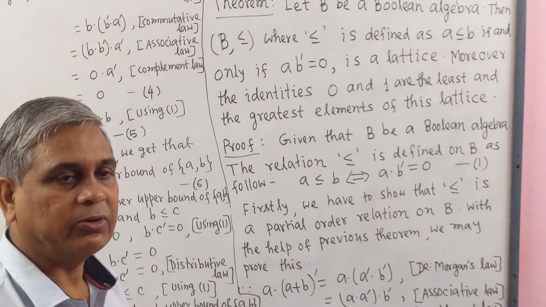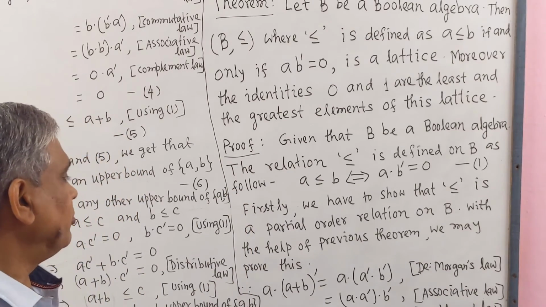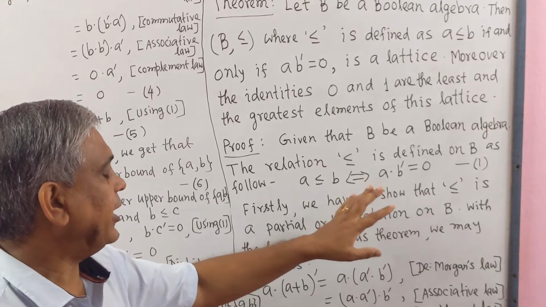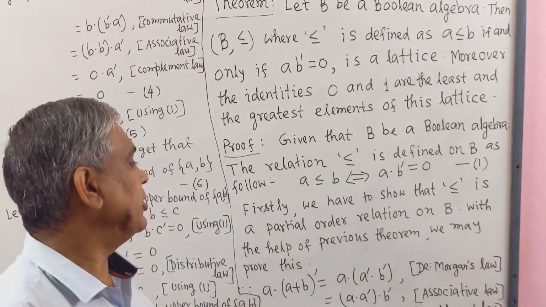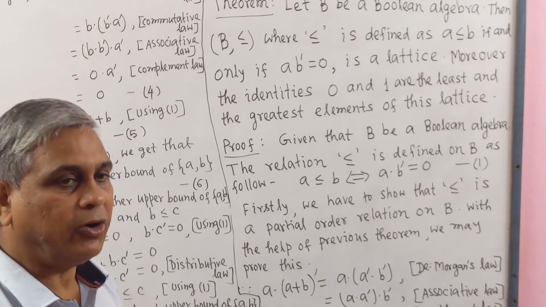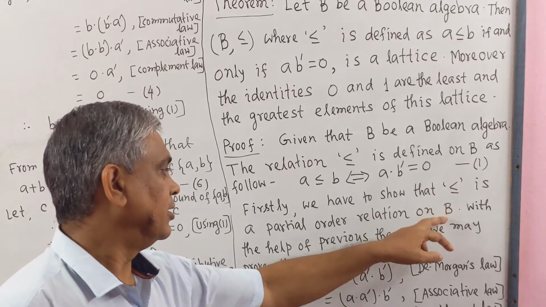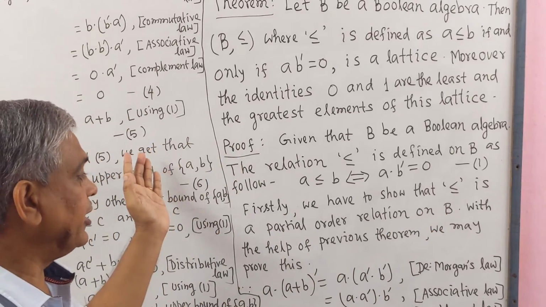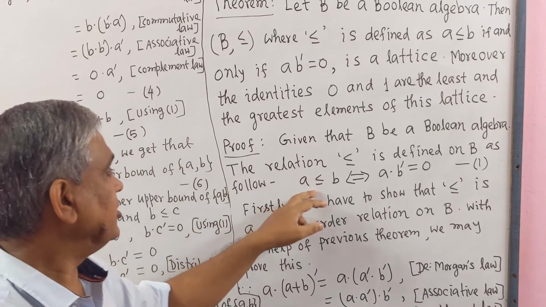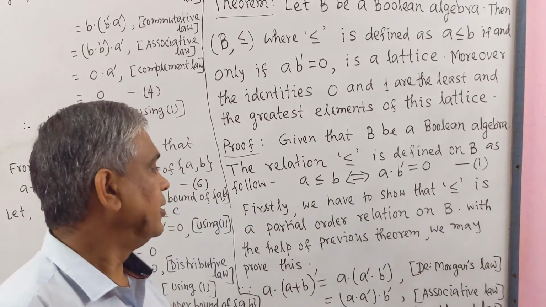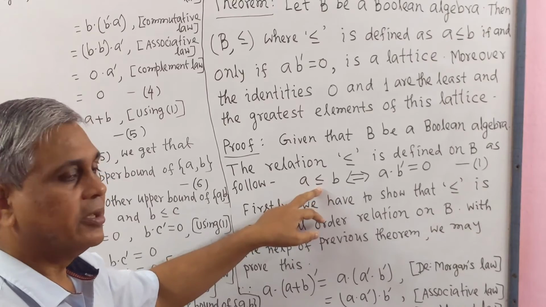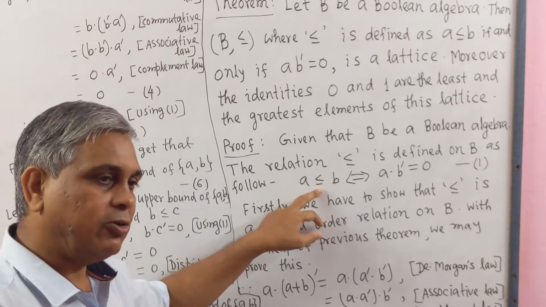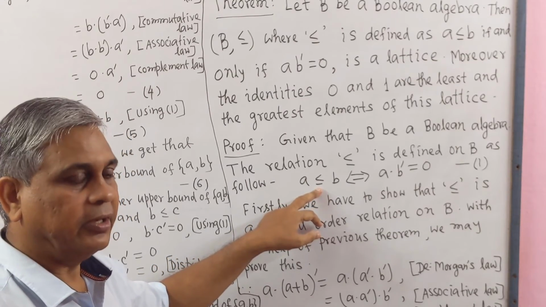This is number 1. Firstly, we have to show that this relation is a partial order relation on B. With the help of previous theorem, we have already proved that under this condition 1, this relation is partial order relation on B.